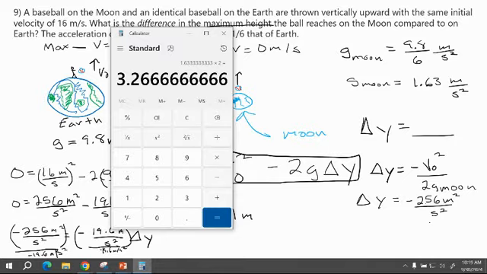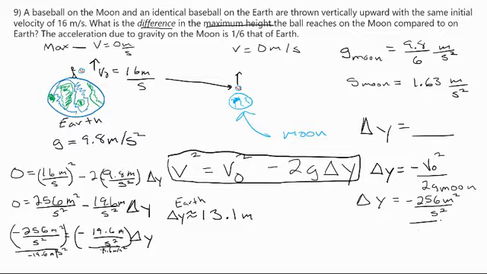How's that? So over here, this whole thing is going to be divided by, it'll be negative because it's going down, 3.27 meters per second squared.